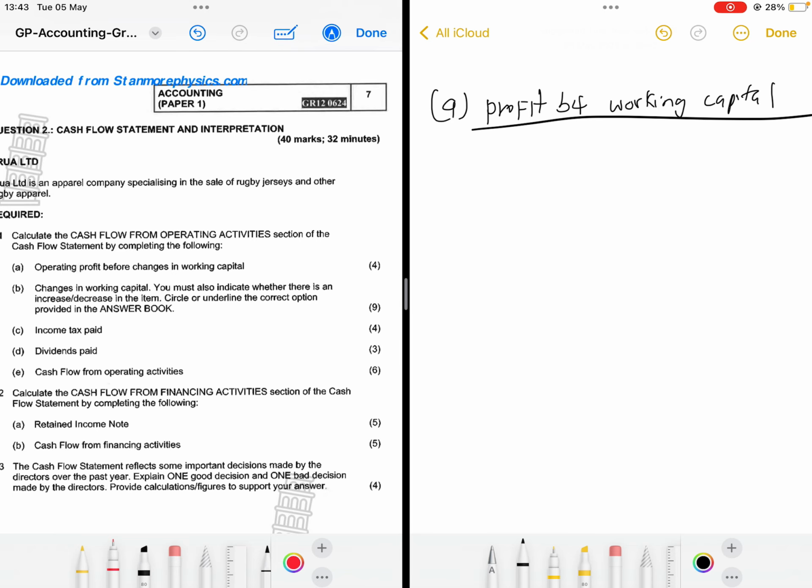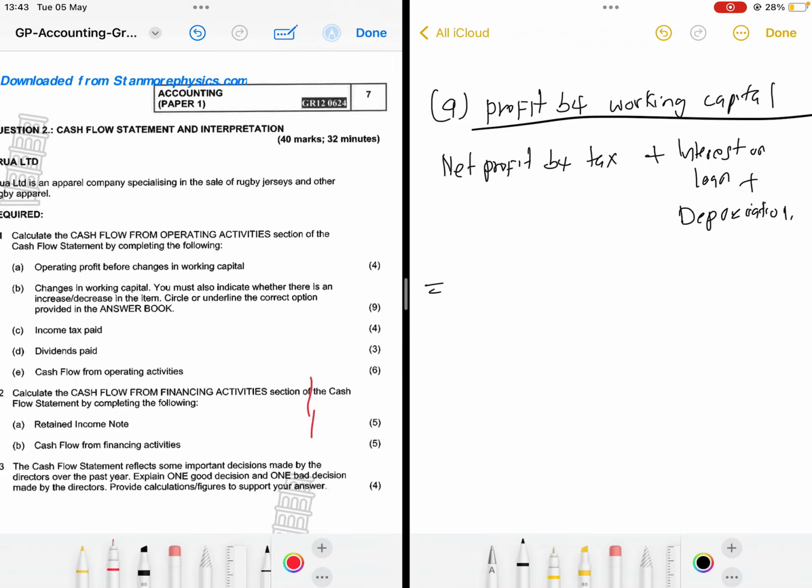You just have to say net profit before tax. Then you add interest on loan. Then you add the depreciation. Then you're done. 4 marks.